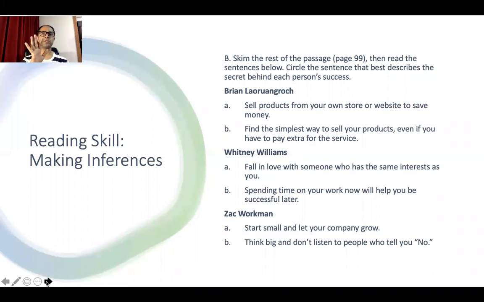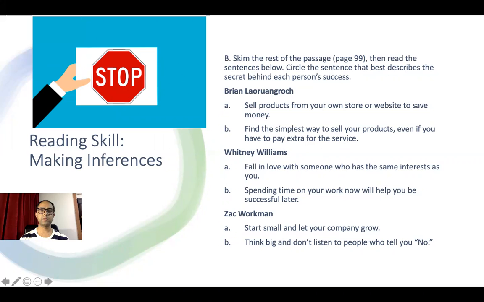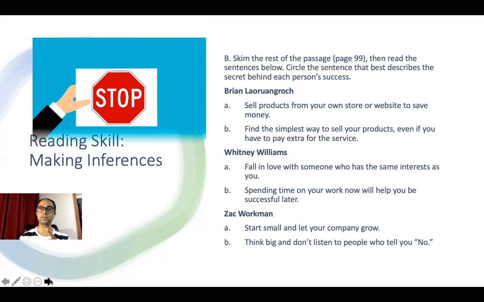Take about 5 minutes for this one. Then after 5 minutes, come back and play the video. Stop the video now. Okay, did you finish? If you haven't finished, keep the video stopped. Okay, if you have finished, let's continue.